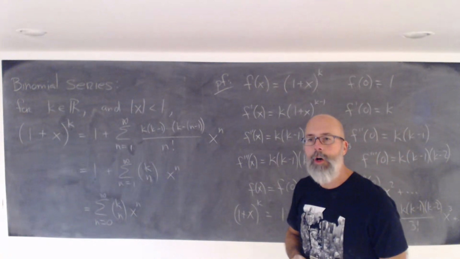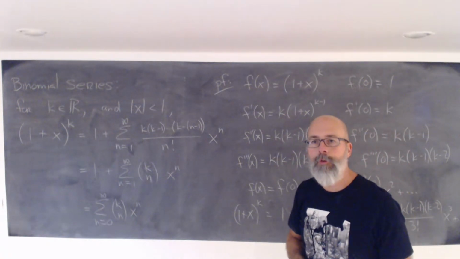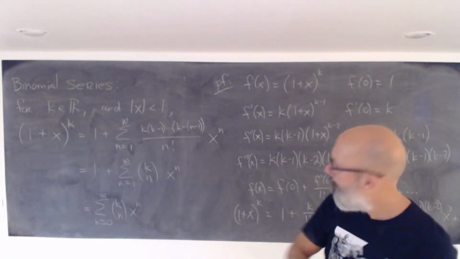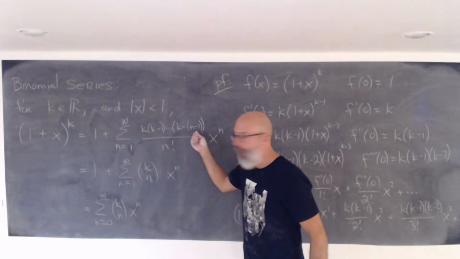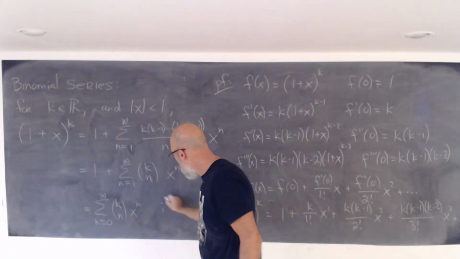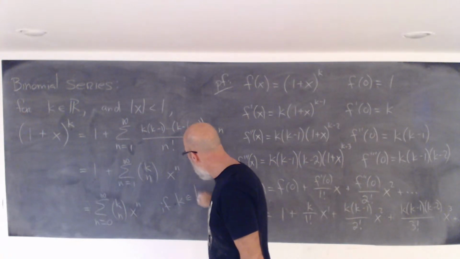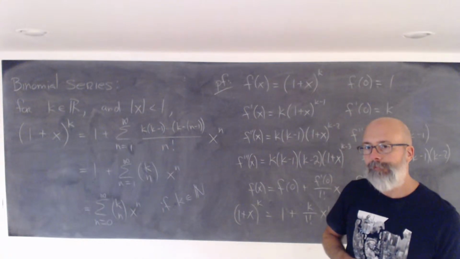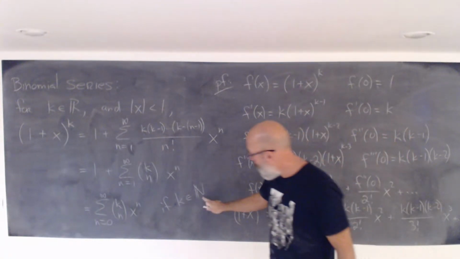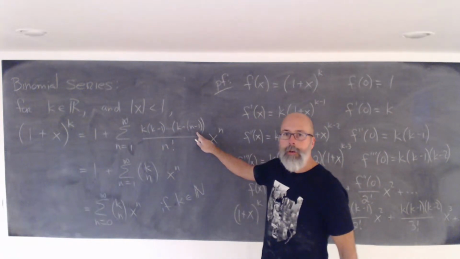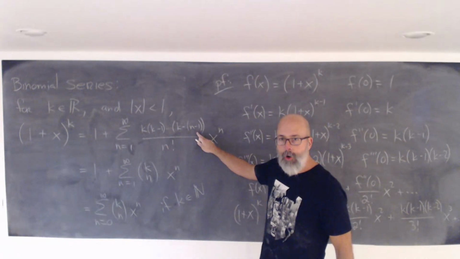If k is equal to 1, or any other integer for that matter, would the sum not be 0? Eventually the terms would be 0, right? Very nice observation. If k is an integer, a natural number, a positive integer, then eventually this product is 0.